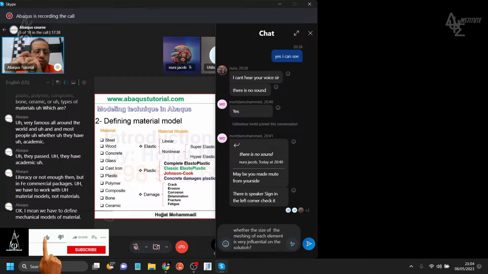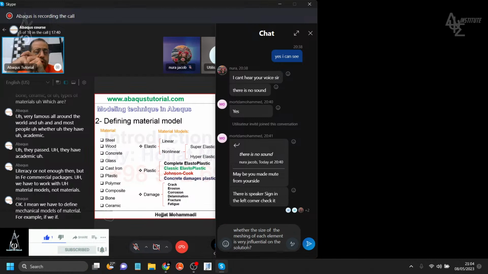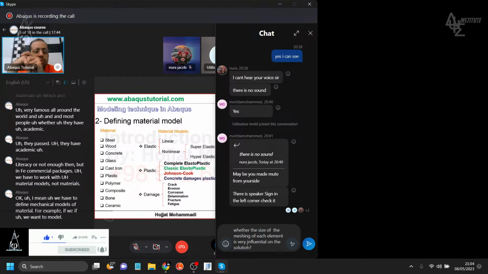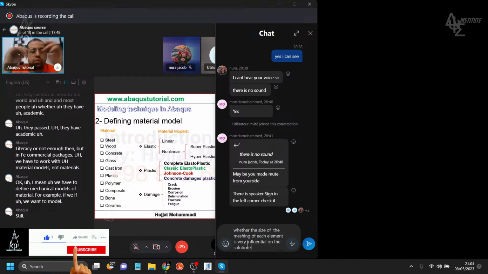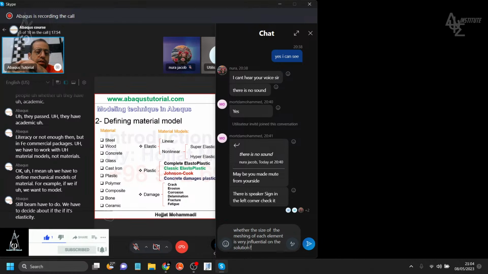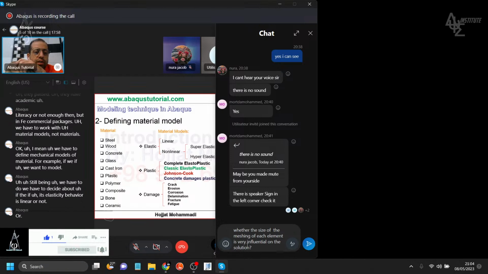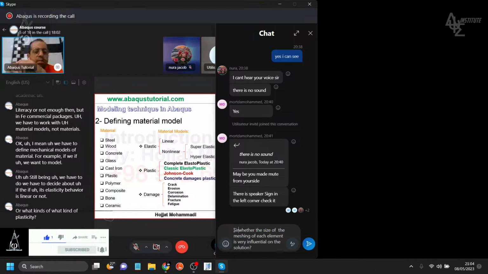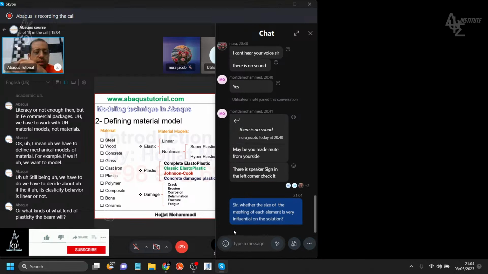For example, if we want to model a steel beam, we have to decide whether its elasticity behavior is linear or not, or what kind of plasticity the beam will have, or something like that.